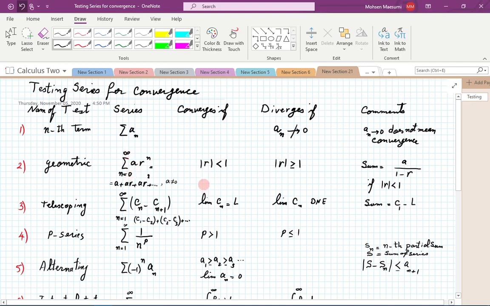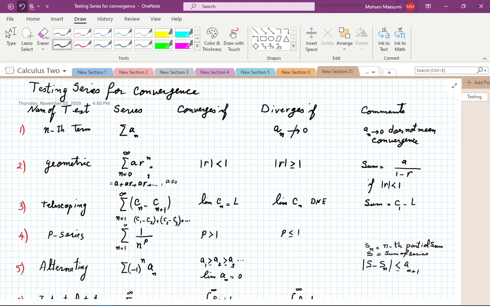We had a very simple criterion: if r, the multiplier, is less than 1 in absolute value, it converges. If it's greater than or equal to 1, then it's going to diverge. And we have a simple formula in case it does converge: a, the first term, divided by 1 minus the multiplier. That was the source of many other approaches that we took later on.